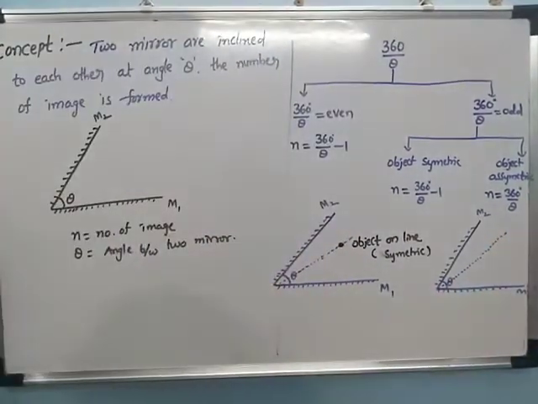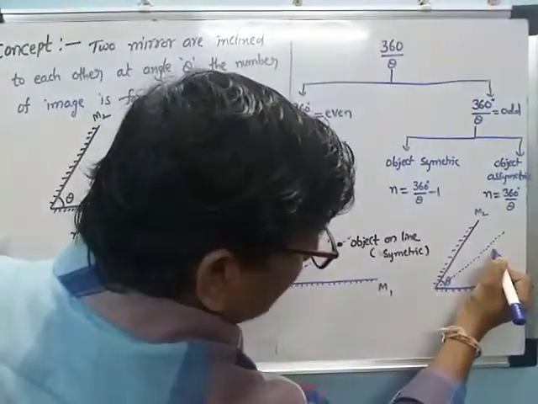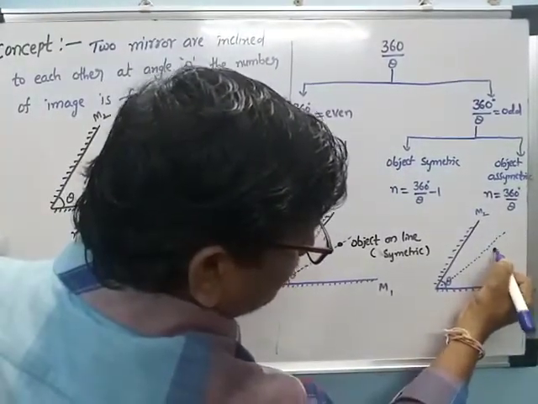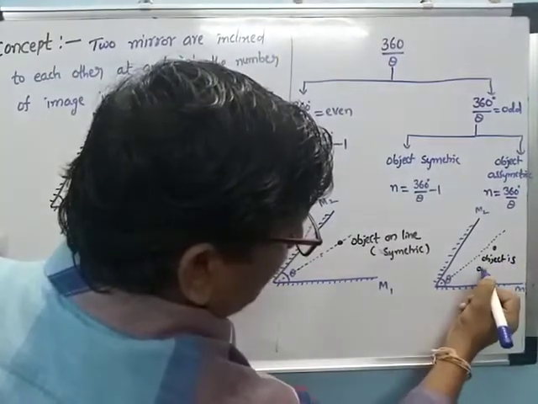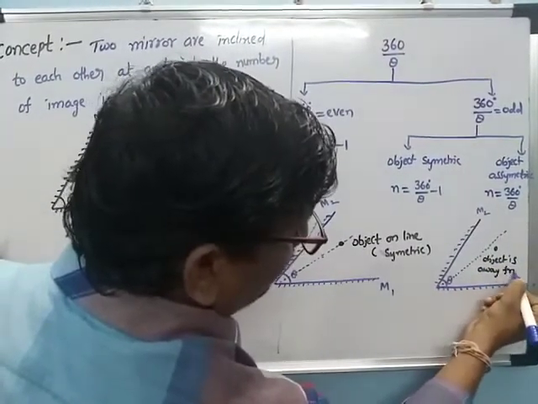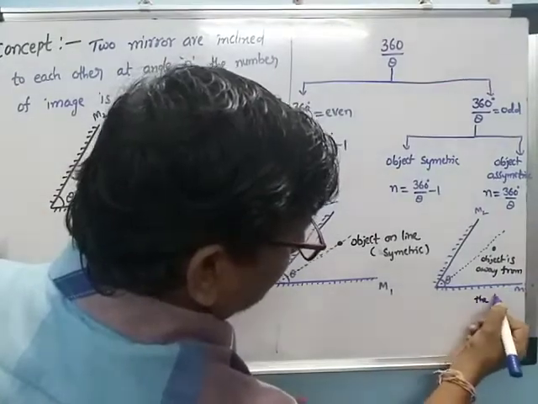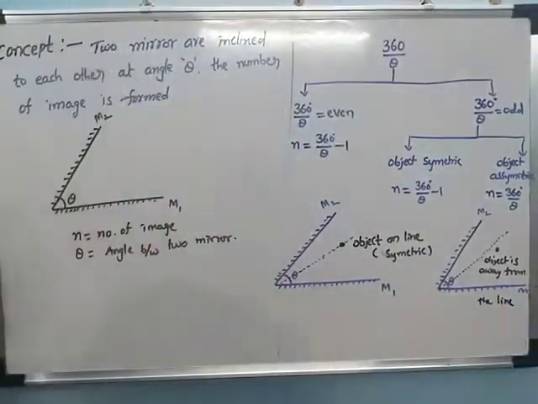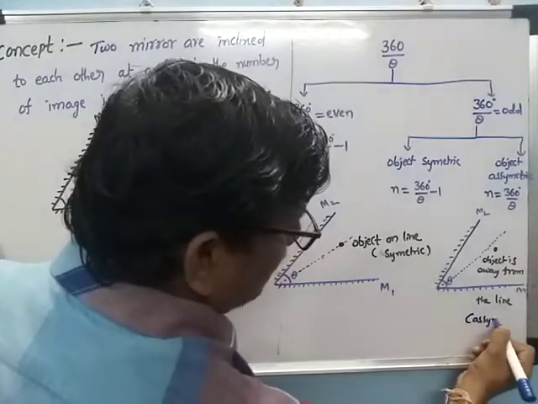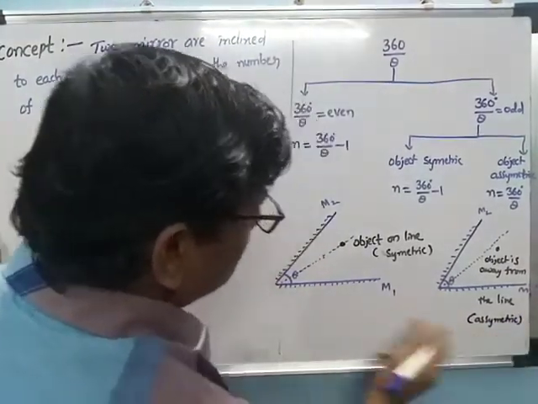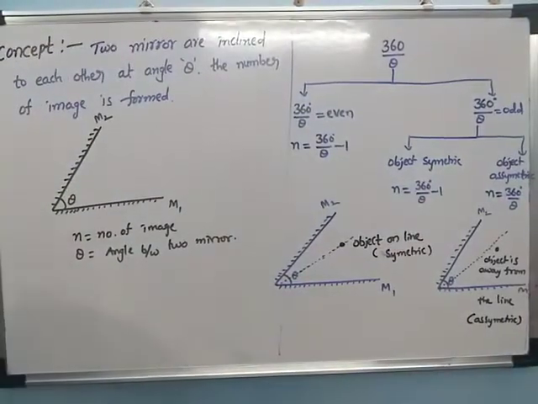For example, if the object is away from the line, that is called asymmetric. So this is symmetric and this is called asymmetric.